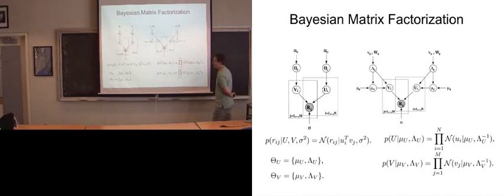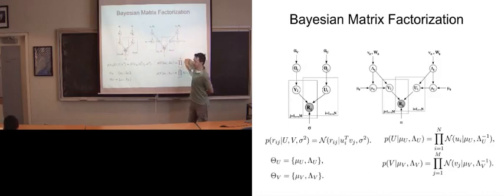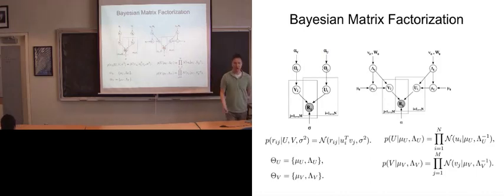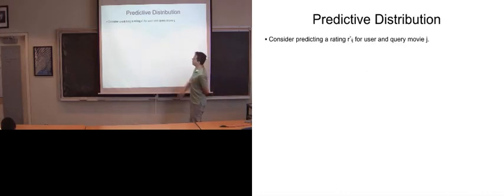You have the distribution of ratings given the latent factors, you have priors over the latent factors, and you have priors over the parameters of your priors. So these are hyperparameters. Now this looks quite complex, and this is a graphical model formulation for this model.